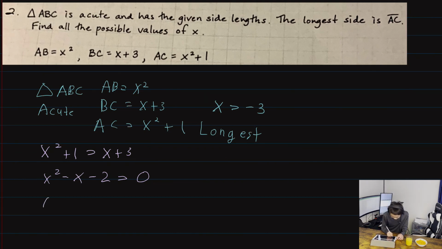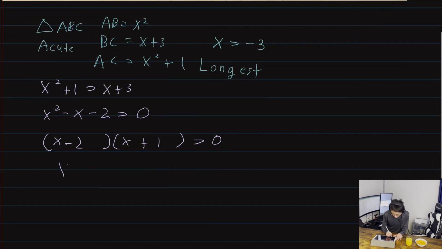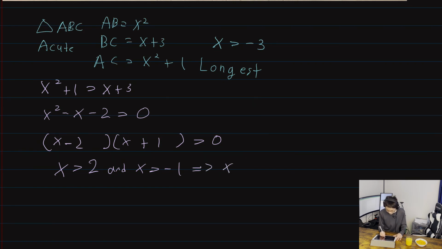So x, we're going to subtract 2 and add 1. And this must be greater than 0. So this gives us that x is greater than 2 and x is greater than -1. And this implies that x is greater than 2.